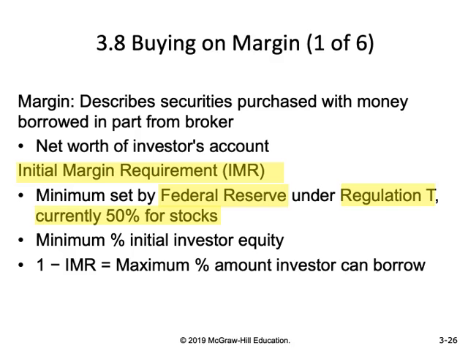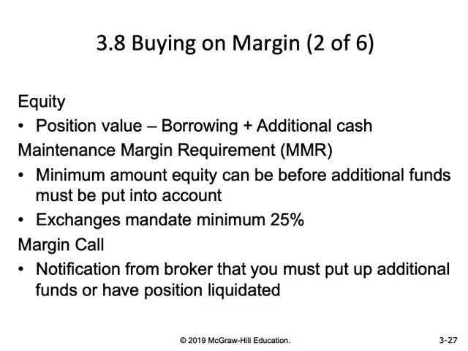So margin actually means your equity. Here it is, the minimum percentage equity the investor has in the account. Happily for freewheeling speculators, if you were to buy at a 50% margin, you only have $5,000 equity in a $10,000 trade.